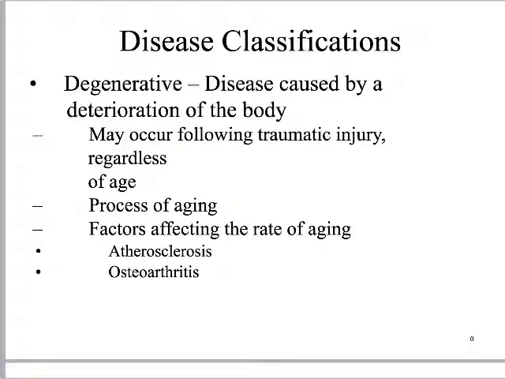Okay, other disease classifications. Degenerative, caused by deterioration of the body. So this can be following a traumatic injury, it could be an age process, all of those types of things. Traumatic injury does not necessarily have to do with the individual's age, right?